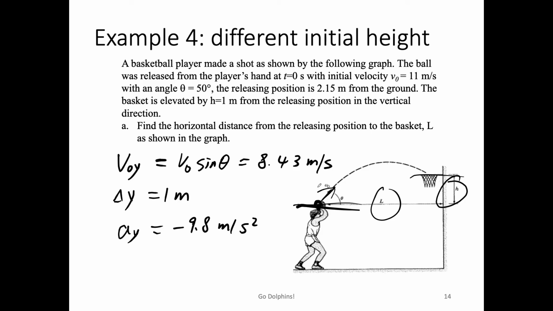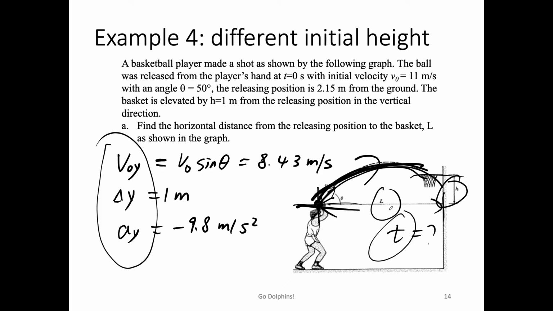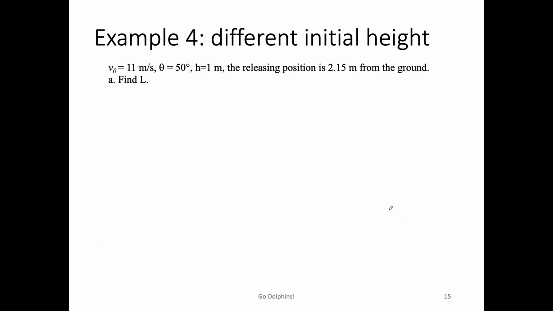Apparently if you want to find this distance, you need to solve for t. What's the time it takes for the ball to fly from here to here? What is t? So you need to find the kinematic equation that has these 4 variables, and it should be the third one.